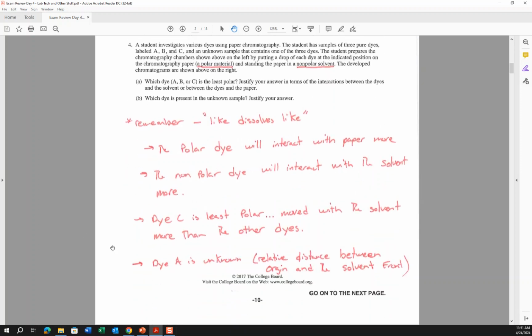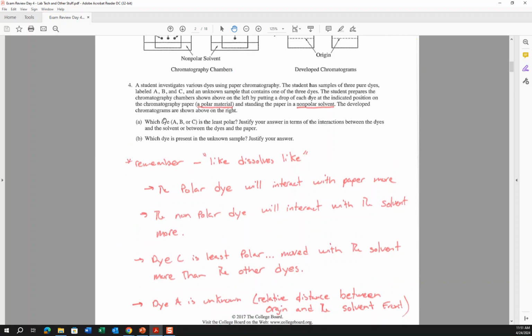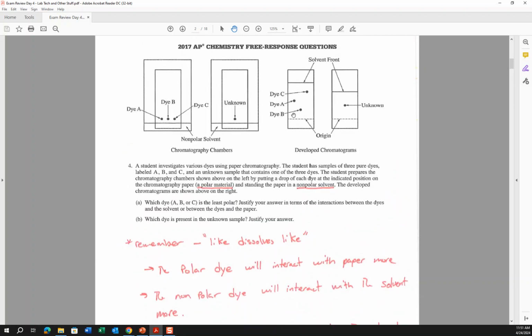Okay. And then the second question is which dye is present in the unknown sample. So we have dye A, B, and C after they were dipped into the solvent and went with the solvent on the chromatography paper, and this is what the unknown did. So what you don't want to do is say, oh, it looks like it's at the same level as B. It's really not about how far it moved compared to how far these moved.